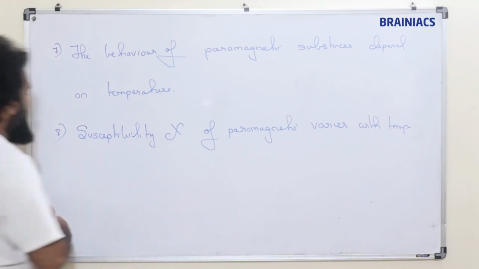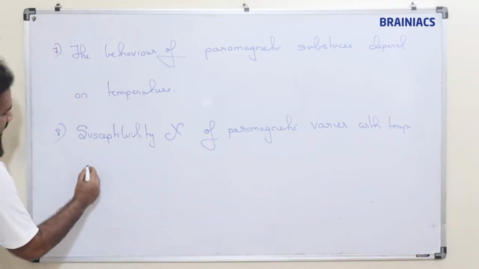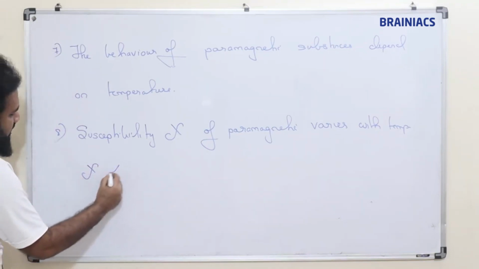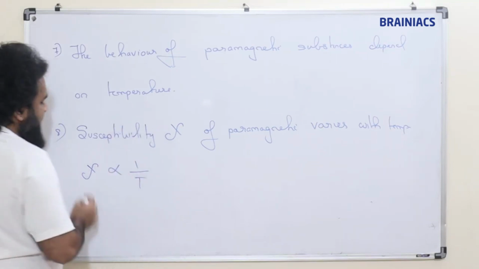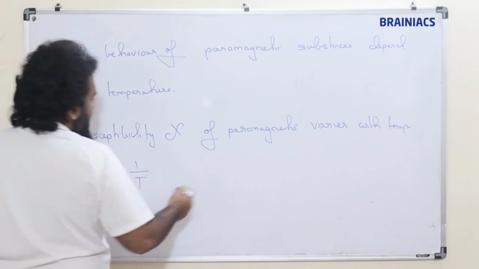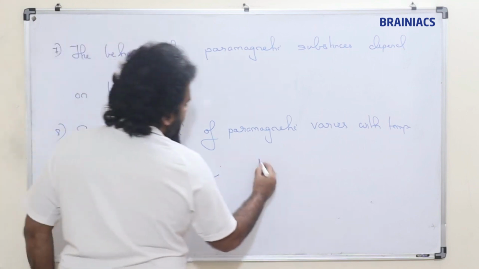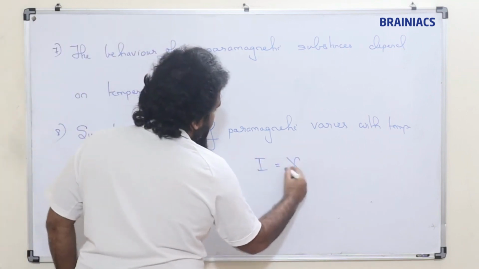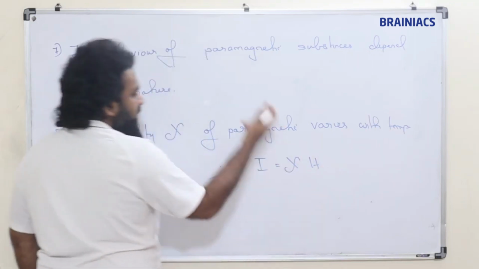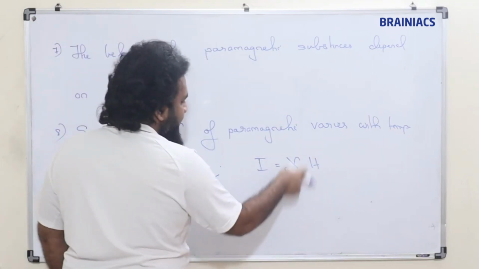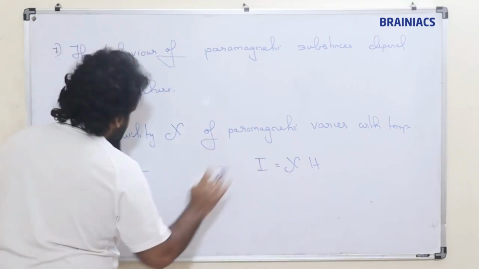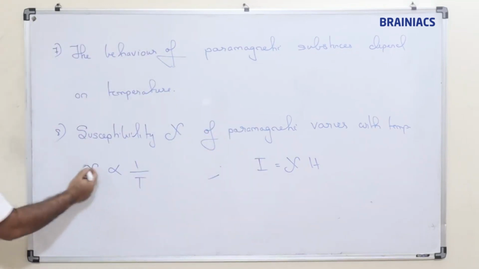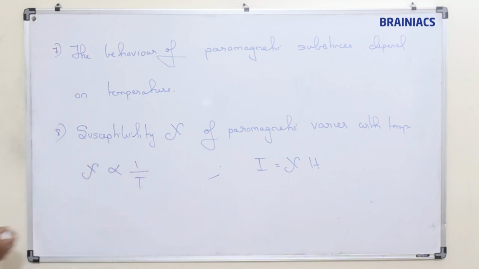The susceptibility zeta is inversely proportional to temperature. If temperature increases, susceptibility zeta decreases. How is this? Like I is equal to zeta H. When temperature increases, zeta will decrease, I also will decrease, and alignment will be lost. So zeta is inversely proportional to temperature. Clear?